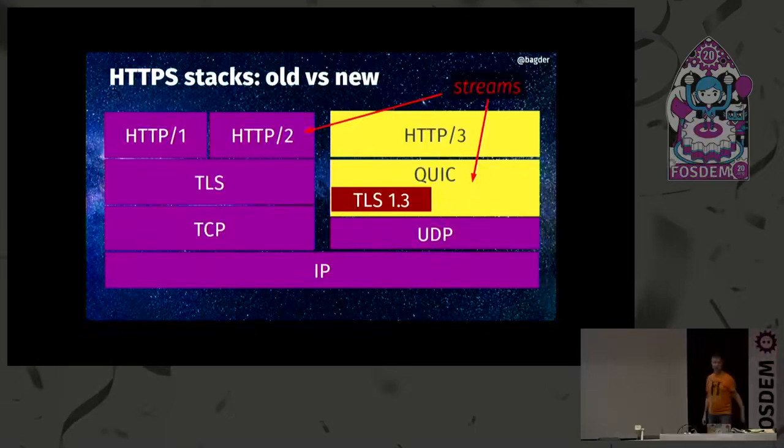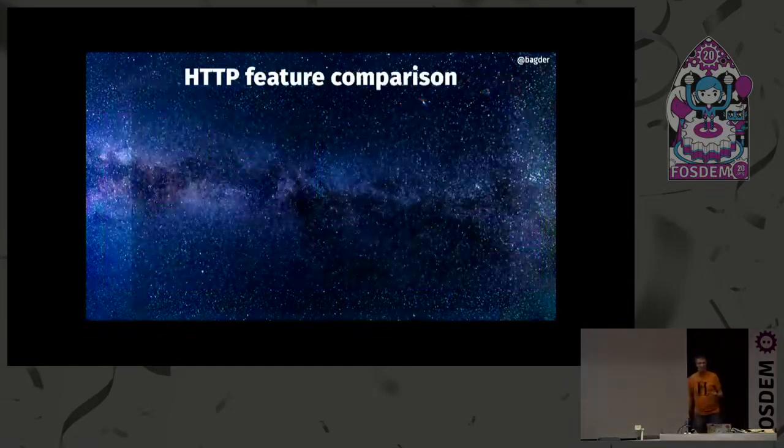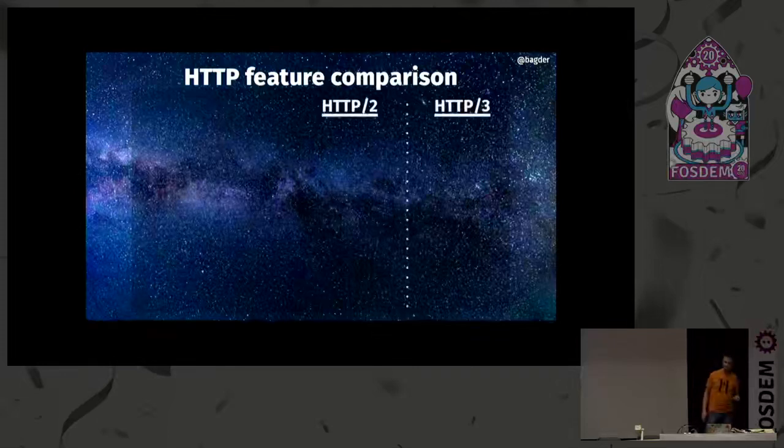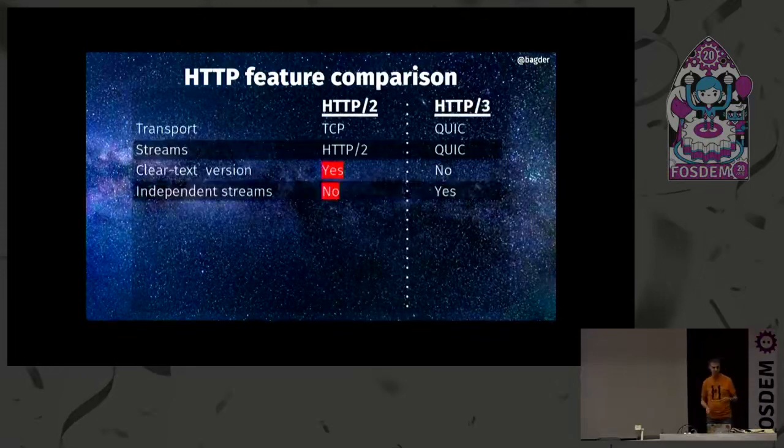A lot of new stuff, right? There are a lot of things to make QUIC work, but HTTP/3 is not that different from HTTP/2. If you look at a basic feature comparison, we have a different transport, we have streams, we can do clear text.